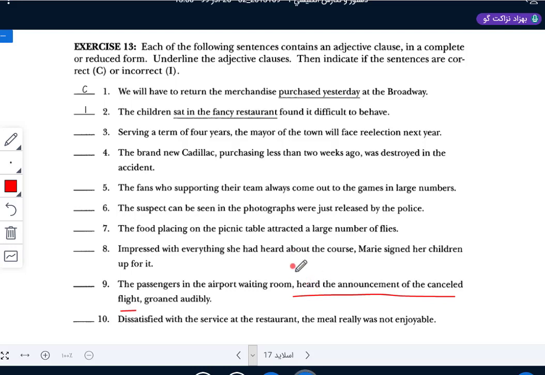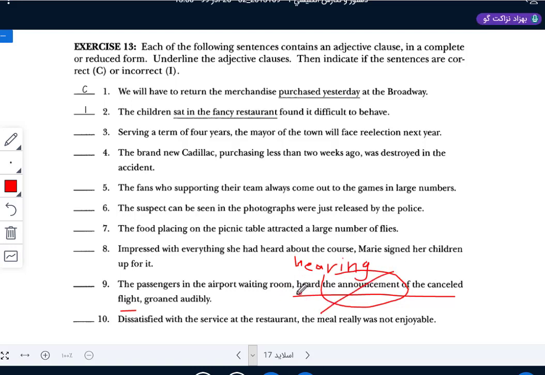Heard or hearing? Actually, there mustn't be a comma between the subject and the verb. If it is non-essential, you can have these 2 commas. Okay? So, look, if it is heard, immediately after heard, you cannot have a noun. Announcement is a noun.